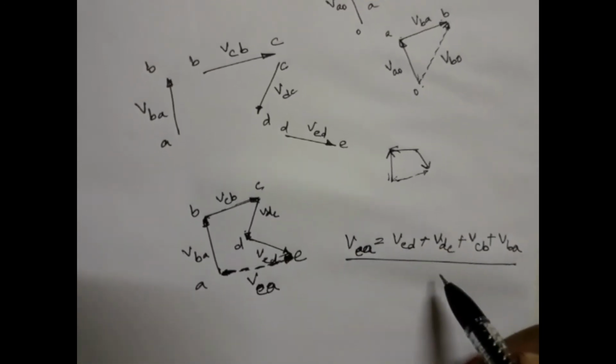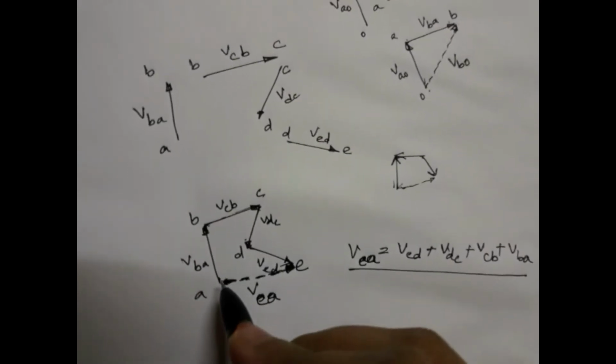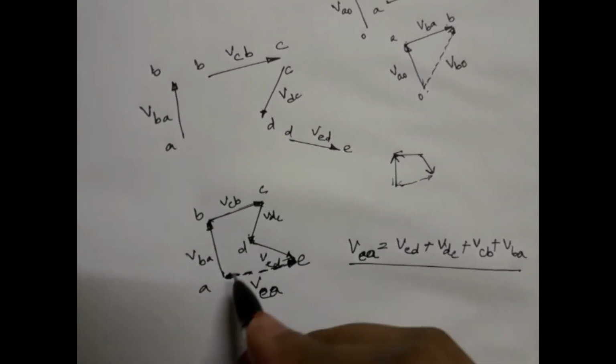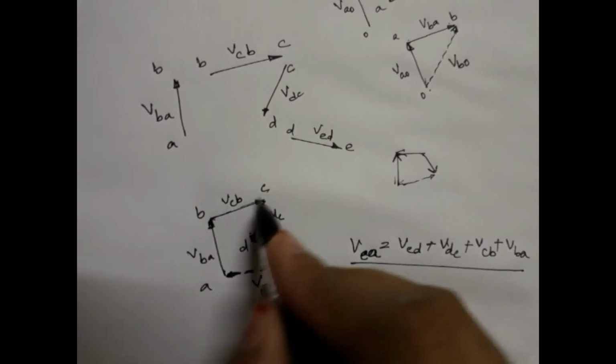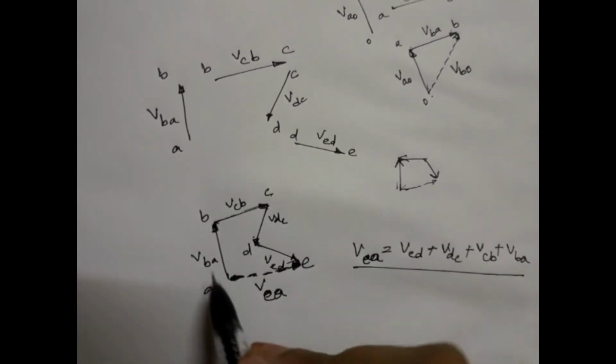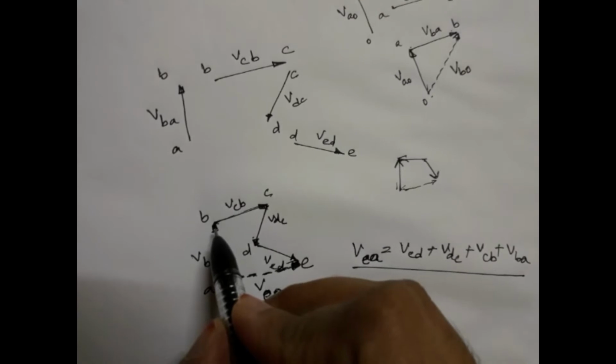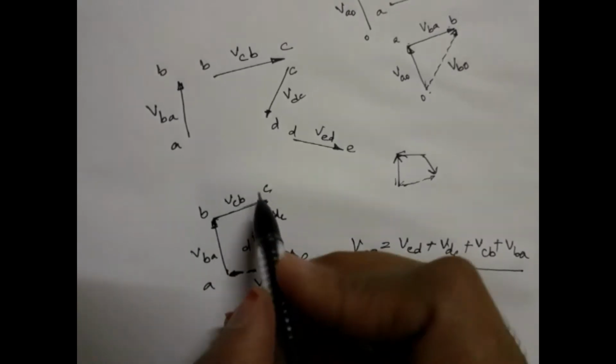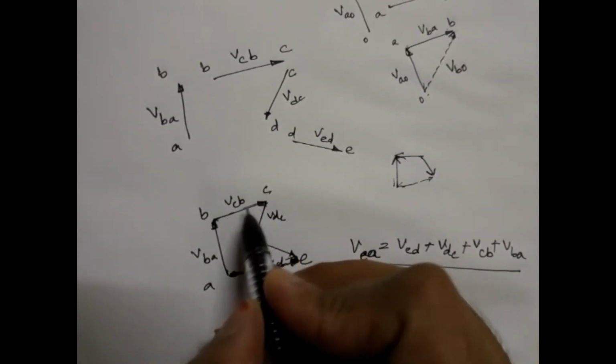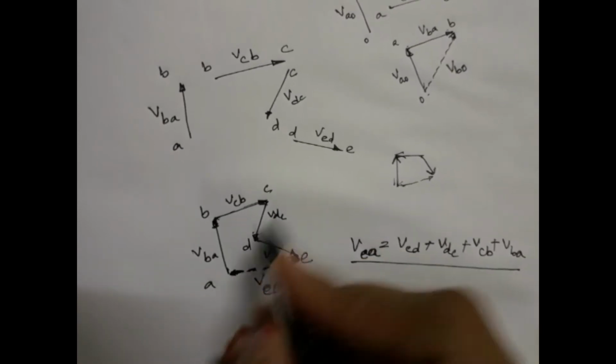Alright, so when we are doing the vector addition, we have to be sure that all the vectors are in order. They are all in the same flow, in the same direction. The head of the first vector should be at the tail of the second vector. Here also the head of this vector is at the tail of the next vector, and so on.